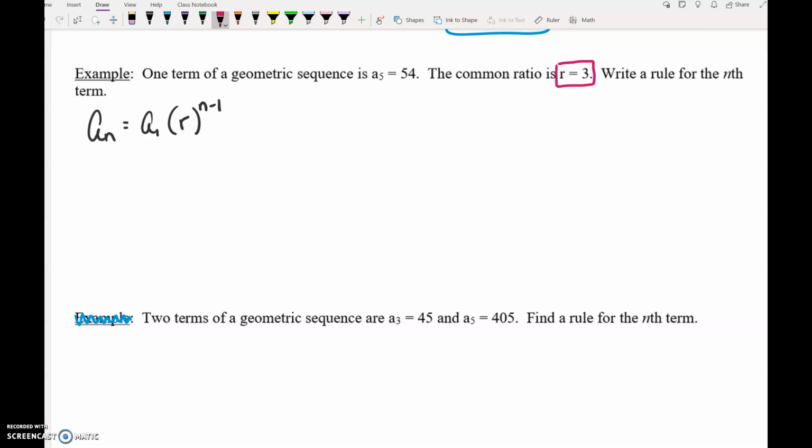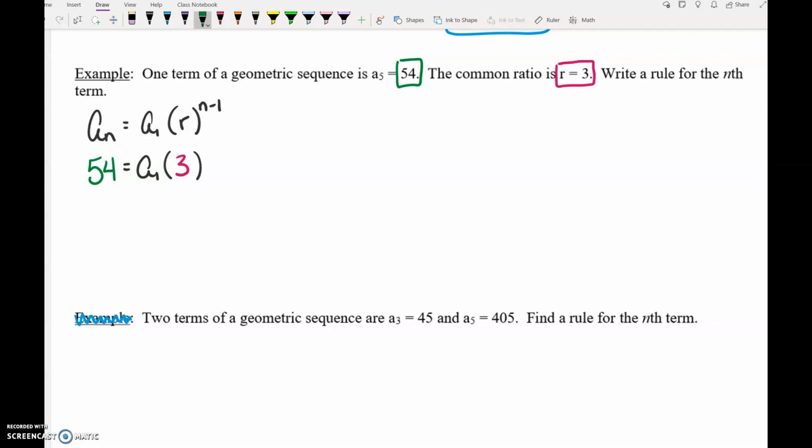So just like yesterday, we're going to put the information that we have in and see if we can figure out what that first term is. So I'm going to use 54 as my a sub n. I don't know what my first term is. I know that my common ratio is 3.